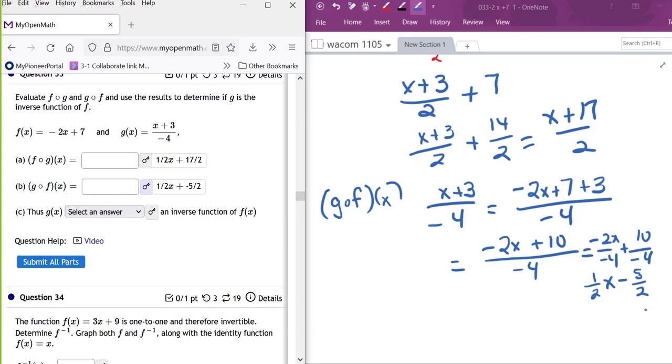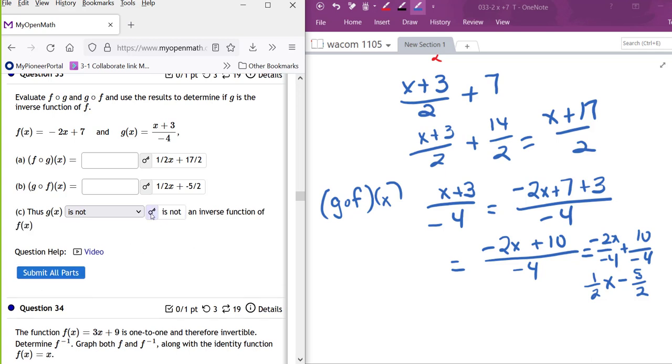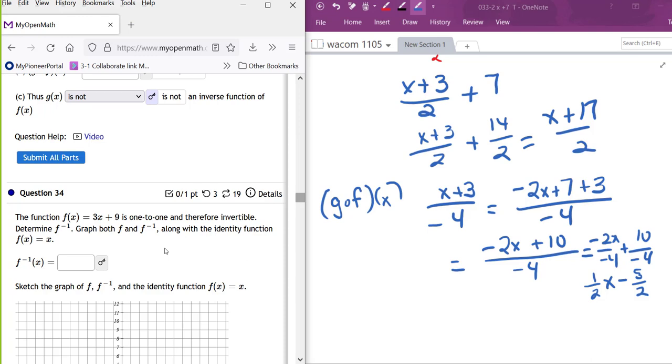Right, and so g is not an inverse. They would have to both be equal to x to be an inverse. But we reviewed compositions. Let's see if the other one works.